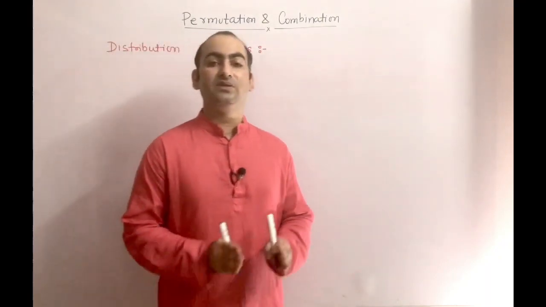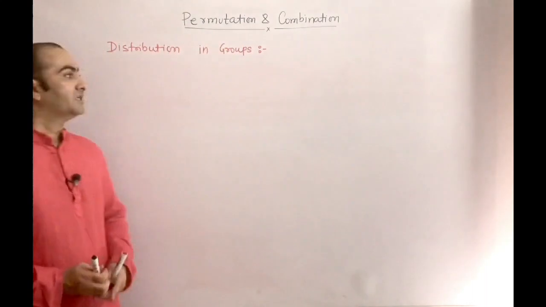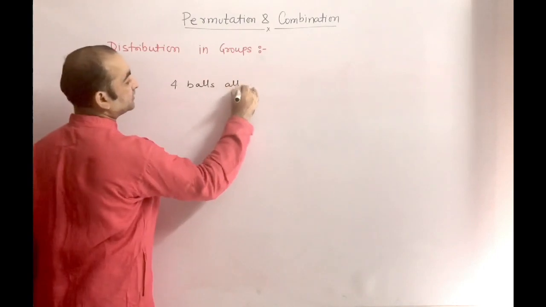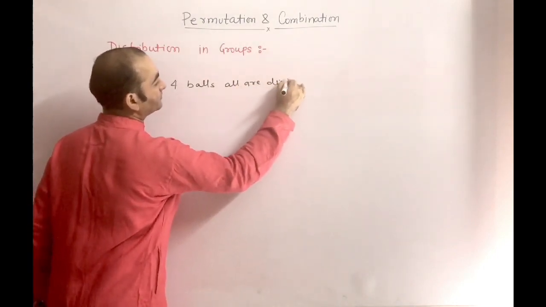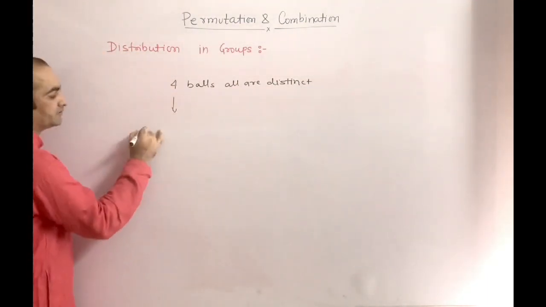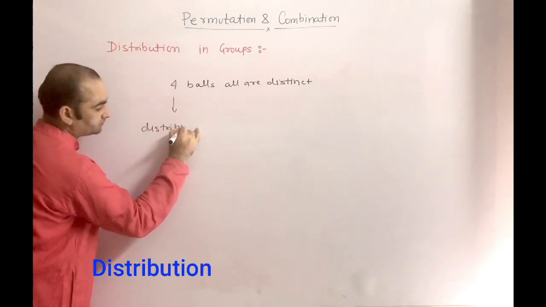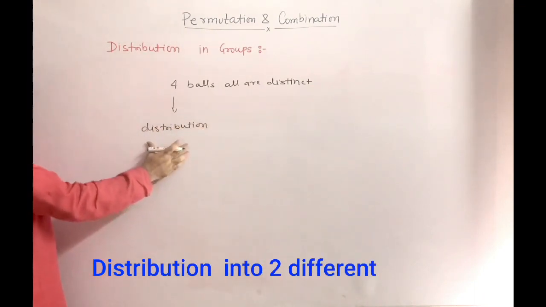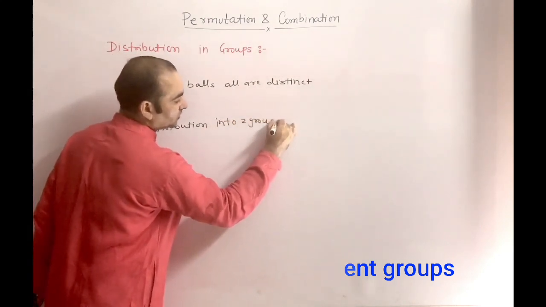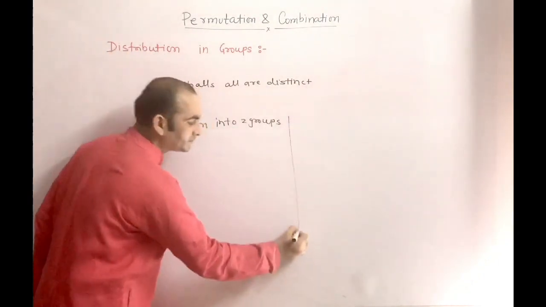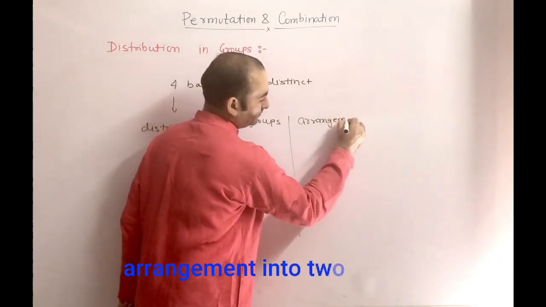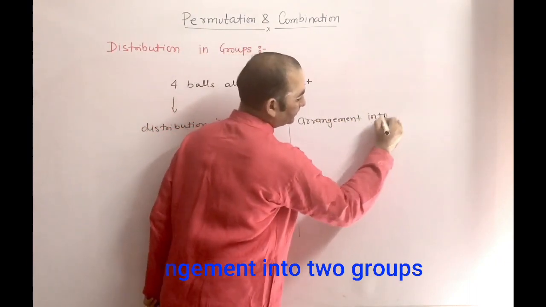Okay, so to understand this one, I'm taking one example. Suppose we have four balls, all are distinct. One side we are doing distribution into two groups, and other side we are doing arrangement into two groups.